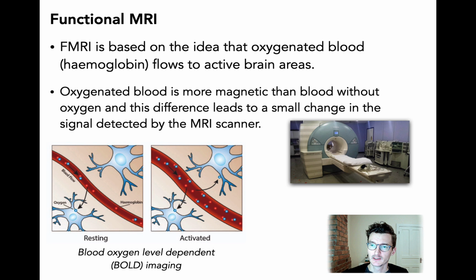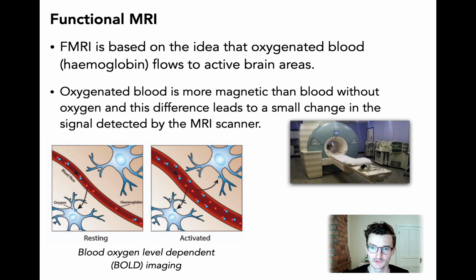Well, when your brain is active, it requires more oxygen. And so what this means is that parts of your brain that are really active, so let's say you're doing a task that involves a lot of visual processing, which is what you're doing right now, or auditory processing, you're perceiving speech, there's oxygenated blood flowing to those brain areas.